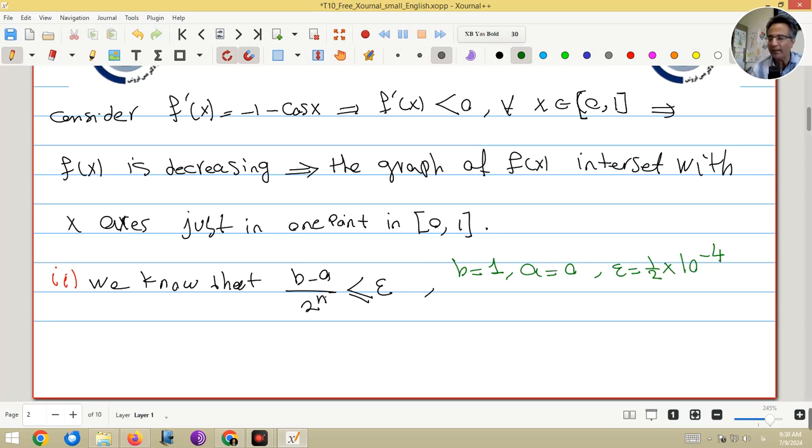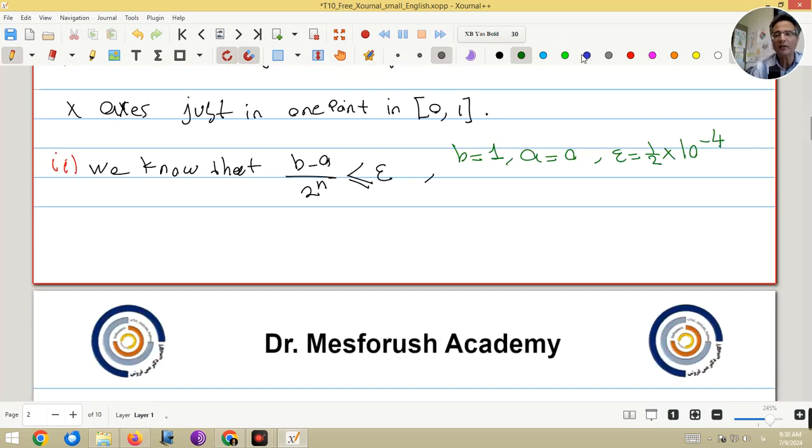We should find n. You can do something like this: 2^n should be greater than or equal to (b - a)/epsilon, and take log from both sides, or ln, no problem.